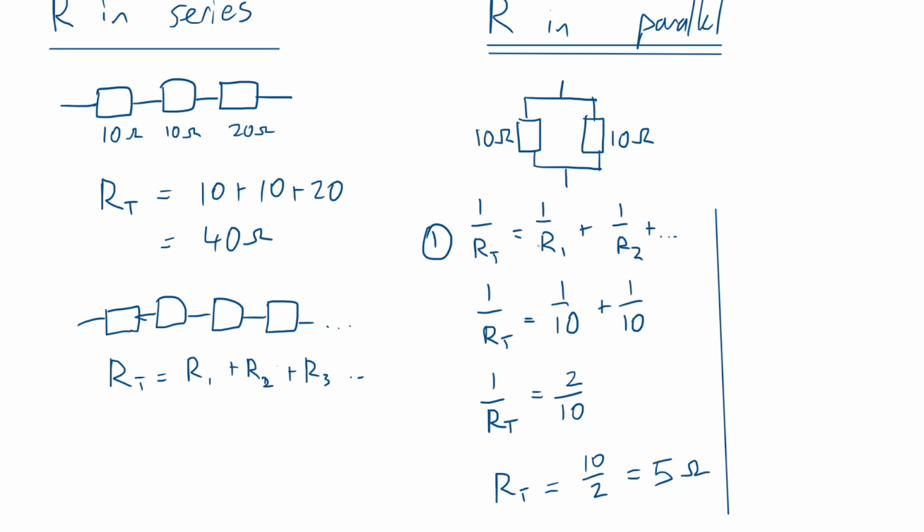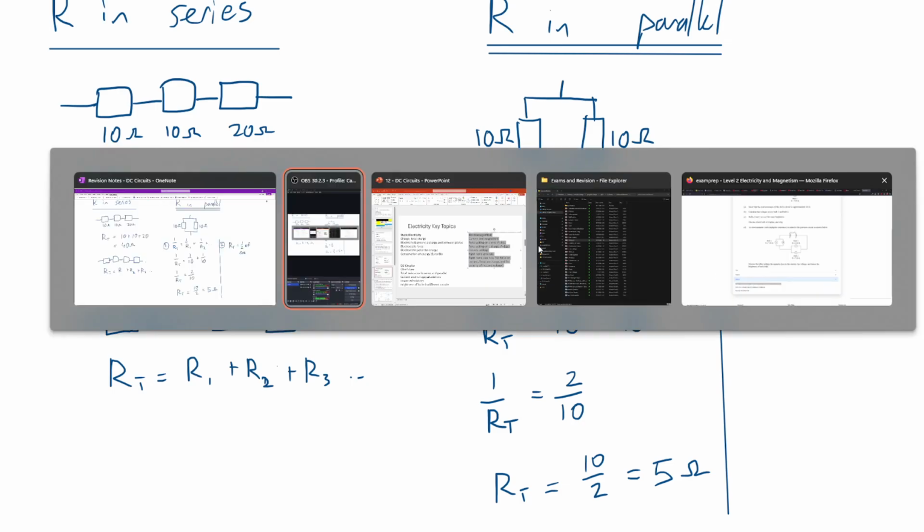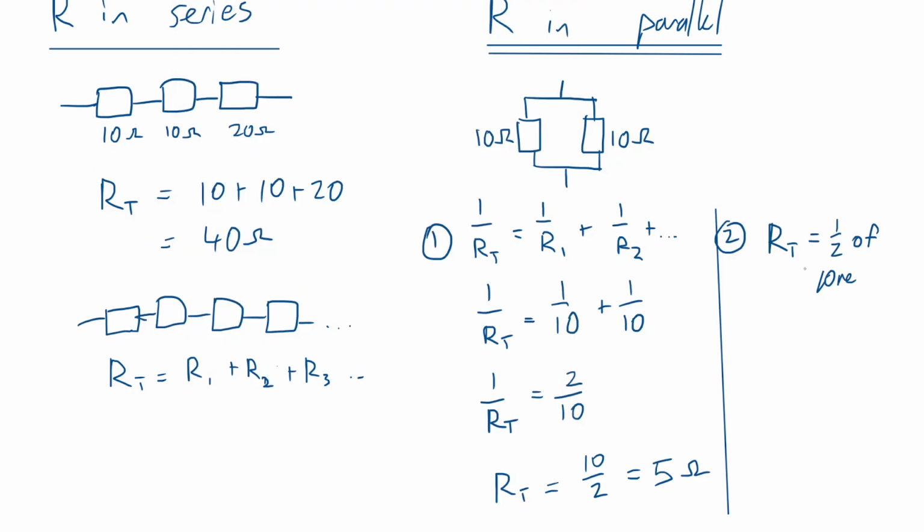Option 2, which is a shortcut. If the two resistors have the same resistance, the total resistance in parallel is just going to be half of one of them. I don't mean half of 1 times 1, I mean half of one resistor's resistance.